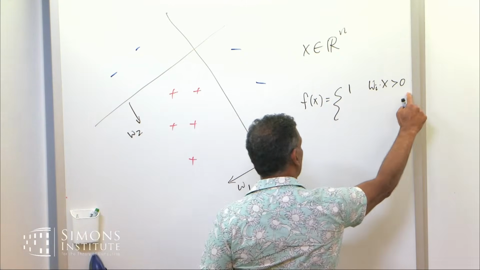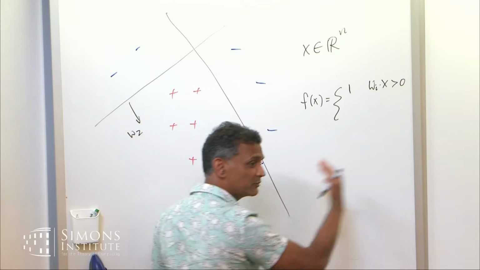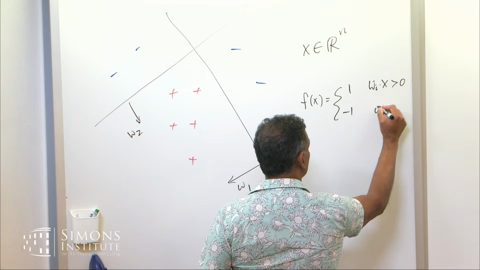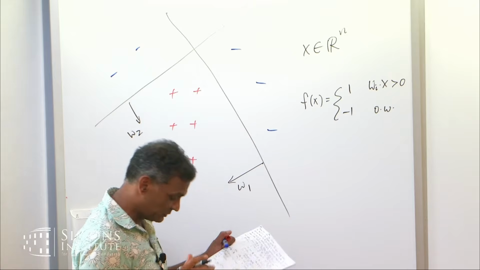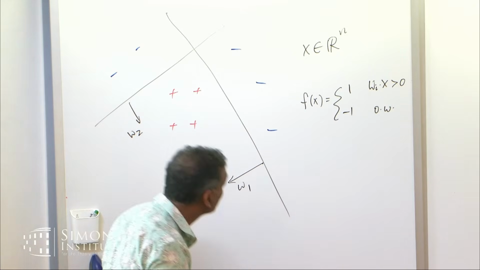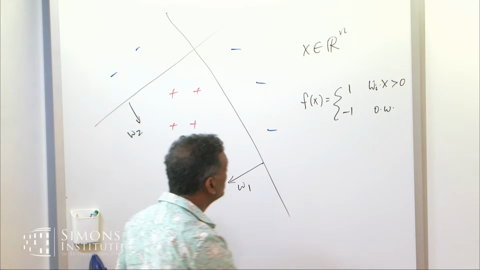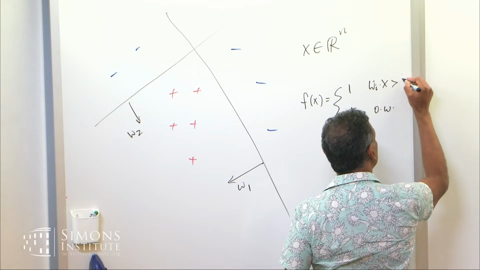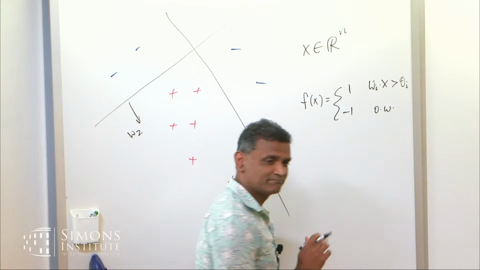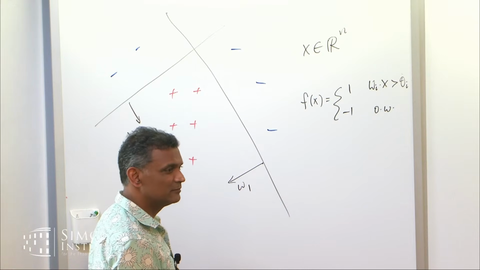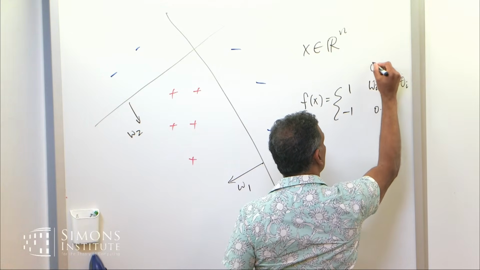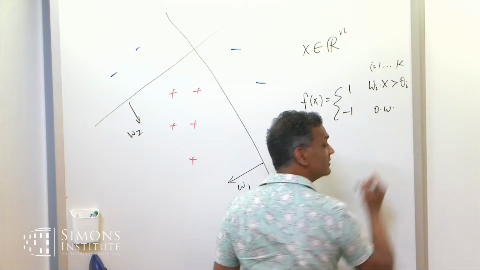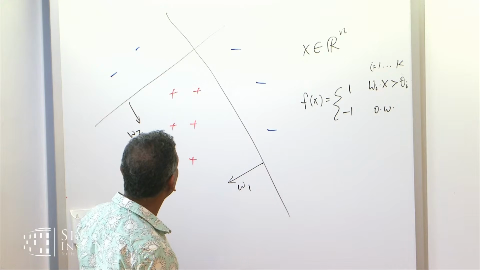It's 1 if x has a positive inner product with all of them, and otherwise it's -1. That's your labeling function. You don't know the w's, of course. That's the point. And you could, in general, have different thresholds here, theta i. But you know the number of hyperplanes, so you have i going from 1 to k.